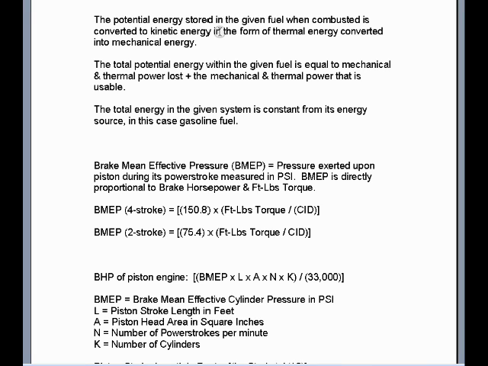So the equivalent mechanical energy in the form of burning fuel can be calculated so that the actual brake horsepower, when divided into the fuel consumption and equivalent mechanical energy output, can then yield the efficiency.